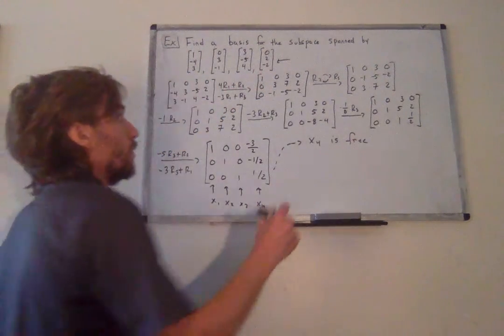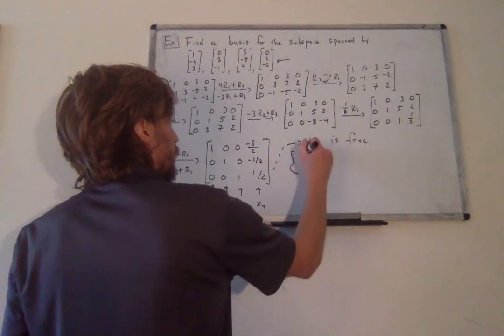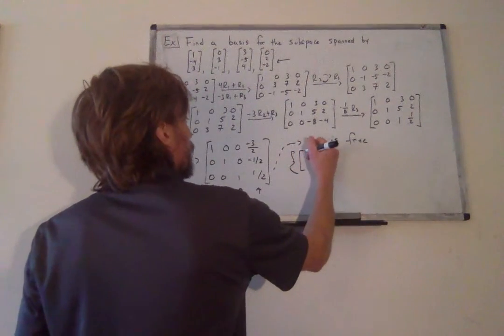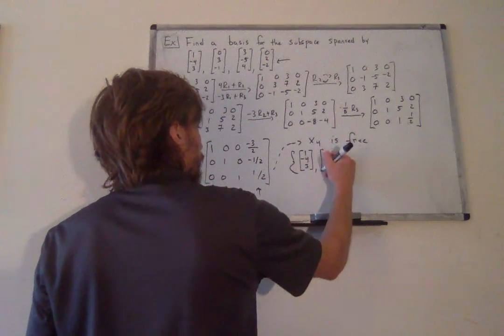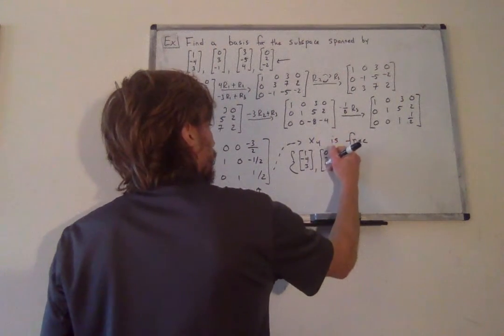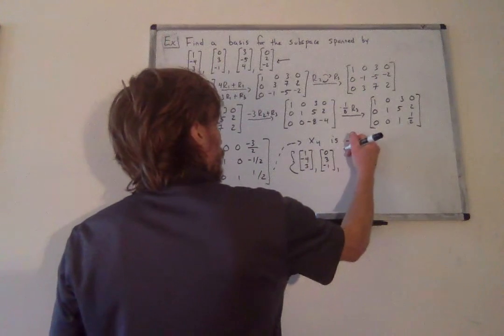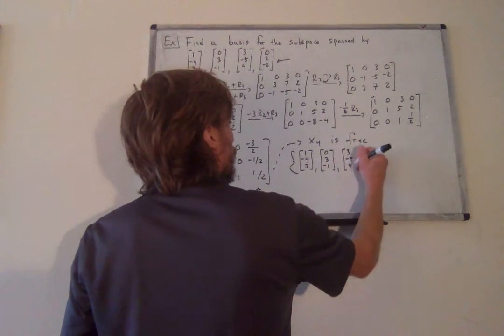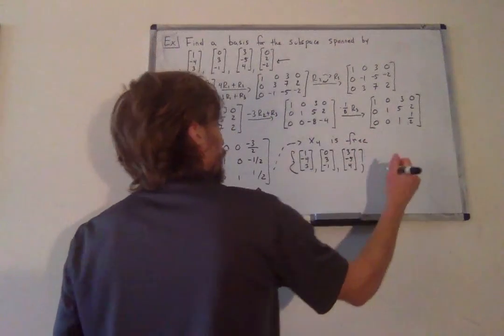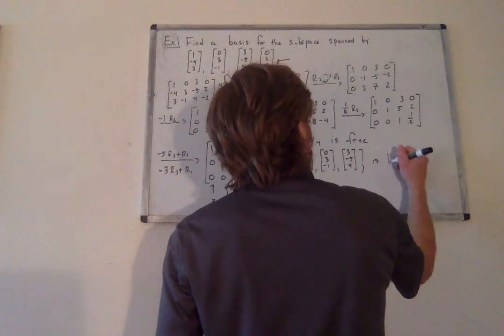So what we can do is just remove the vector corresponding to a free variable, and say that this set is linearly independent.